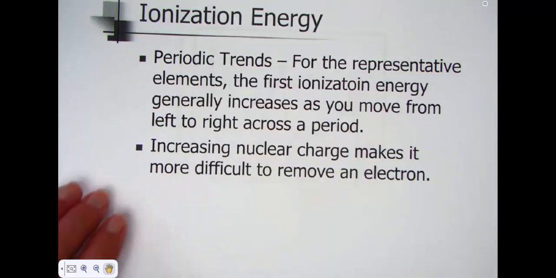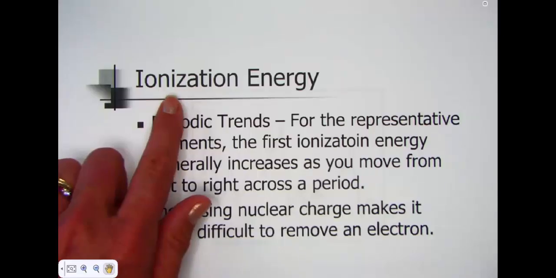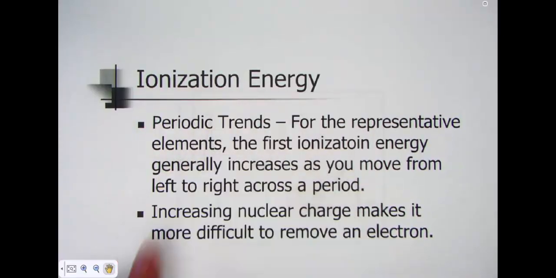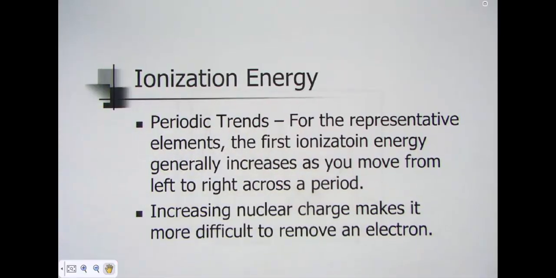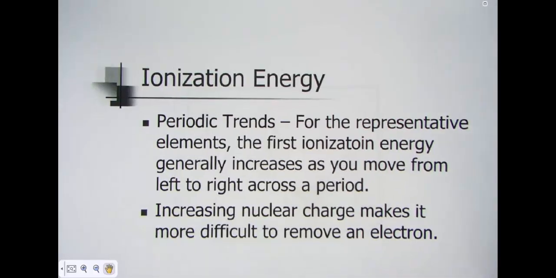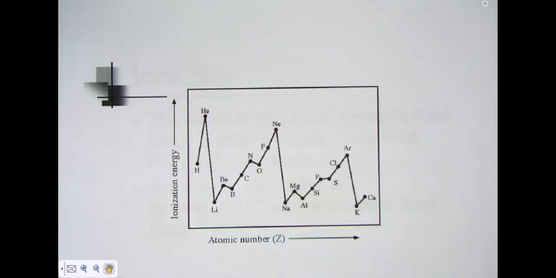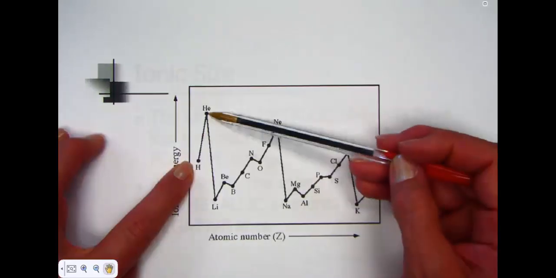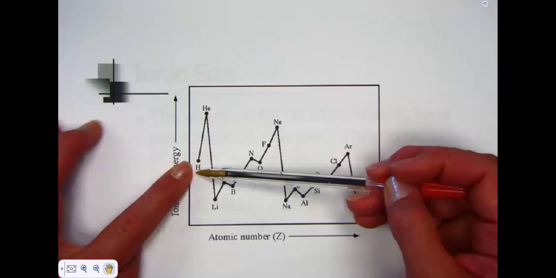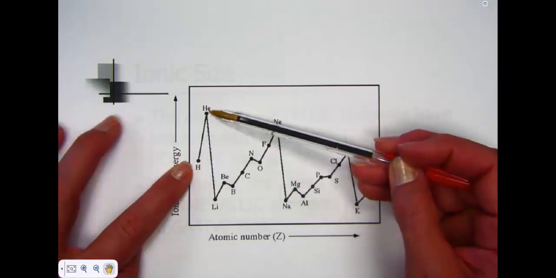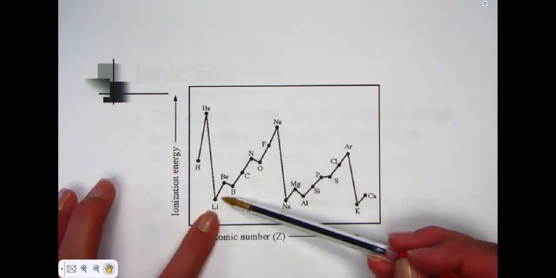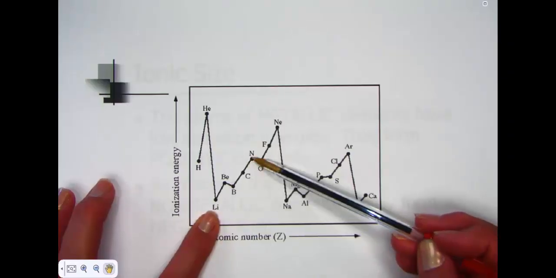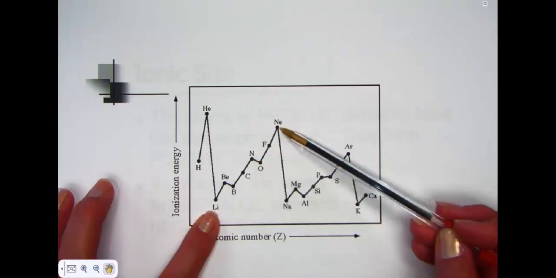The ease at which we remove electrons from an atom's configuration is known as ionization energy. Hydrogen, helium, period 1, an increase in ionization energy. Lithium, beryllium, boron, carbon, nitrogen, oxygen, fluorine, neon.